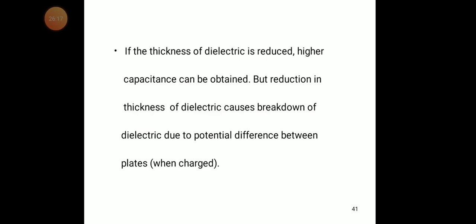If the dielectric thickness is very small, the capacitance increases, but if you apply the voltage, the dielectric may not withstand that particular voltage rating or working voltage, and dielectric strength all depends on the dielectric material width.